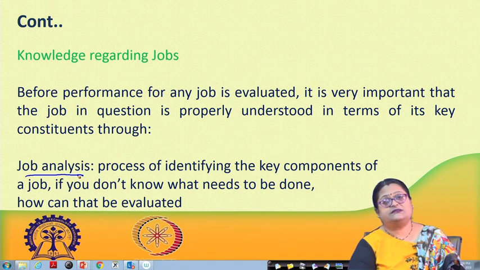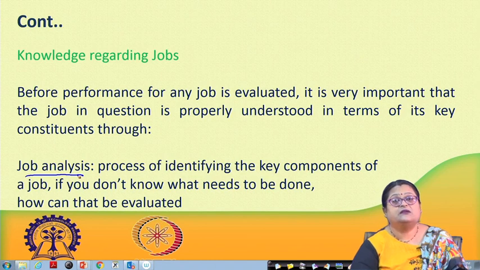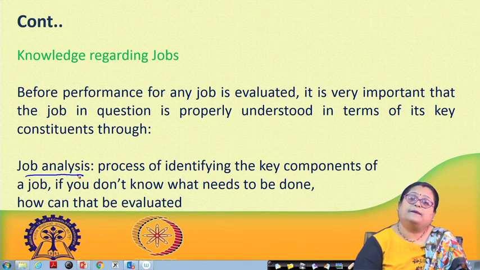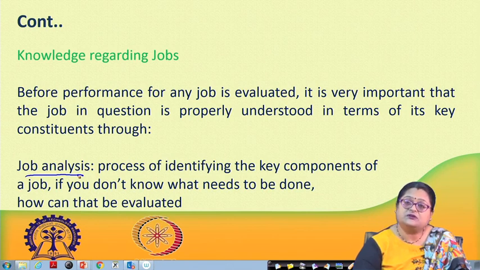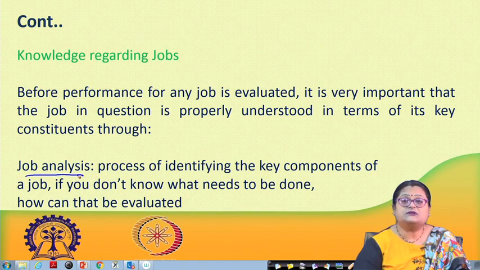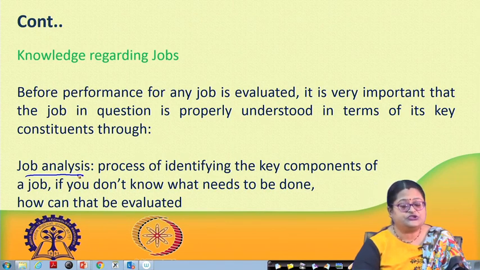Now, we understand there is a clear link: when you talk of performance management, it is the alignment of the goals of the organization with the departmental goals and the individual goals, and the roles that the role incumbent is going to take up in the organization.